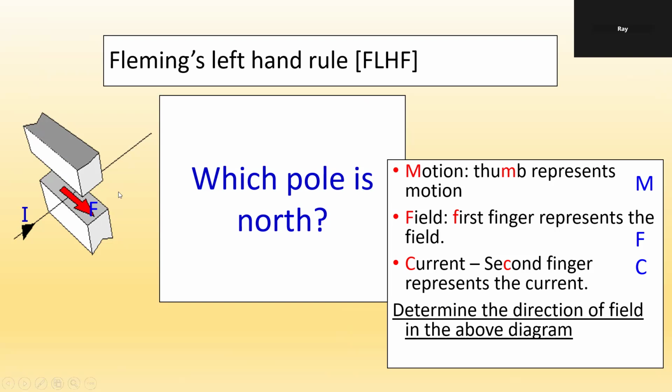Current is going from left to right. These two magnets, one is south pole, one is north pole. So which is the north pole? The bottom one? Good. Bottom one is the north pole using Fleming's left hand rule.